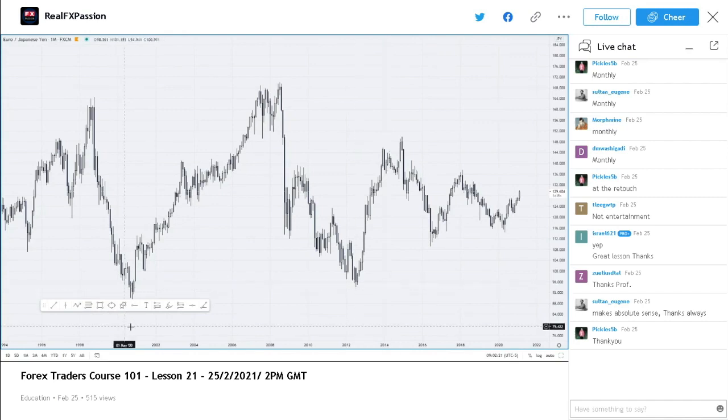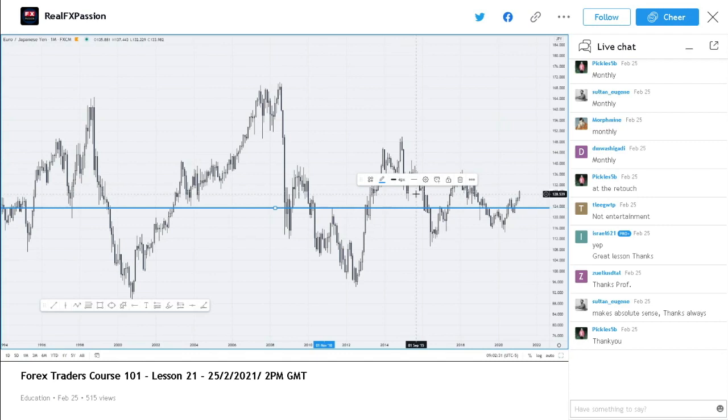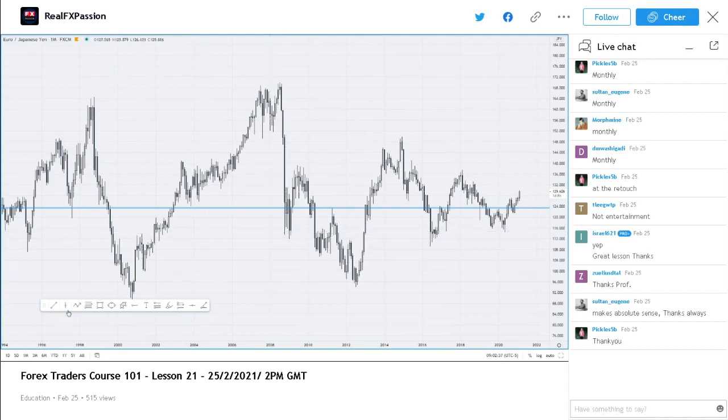Let me see pivot points. So, a pivot point here. Let's color code it in blue and make it a line, transparent. Pivot point in here, and we have a pivot point in here, and another one in here.